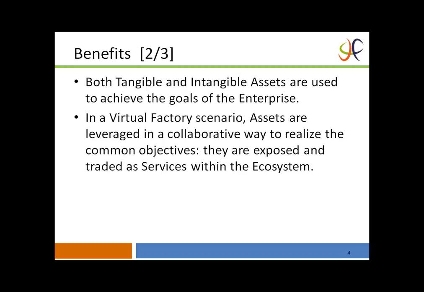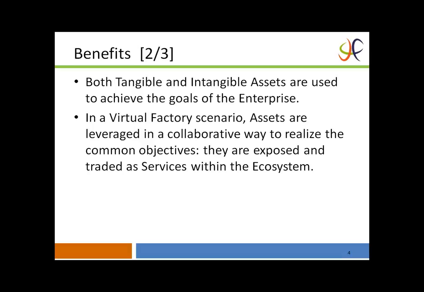Both tangible and intangible assets, of course, are used to achieve the goals of the enterprise. In particular, in the virtual factory scenario, where we have several companies which cooperate to the same business goal, assets are used in a collaborative way.